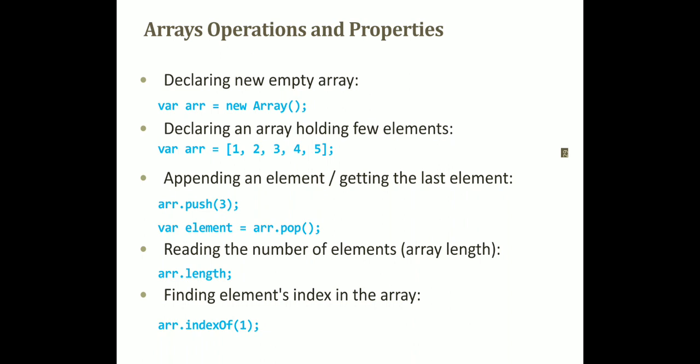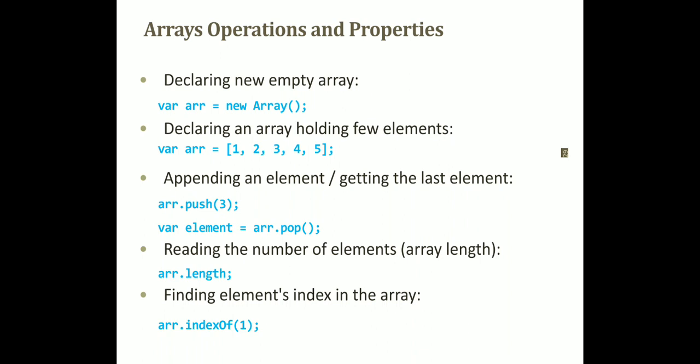Then for appending an element or getting the last element, you need to use r.push(3), and element equals r.pop. What it will do is append an element, that means you are using push. You have learnt already in stack and queue the push and pop operations.